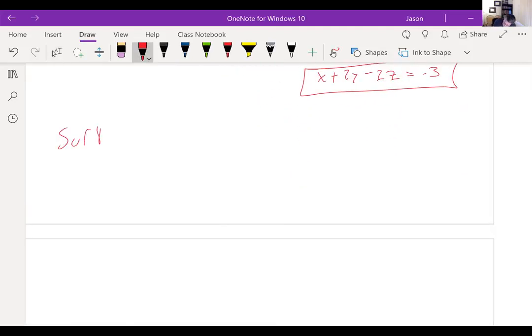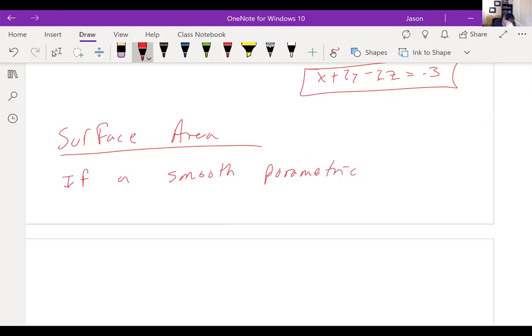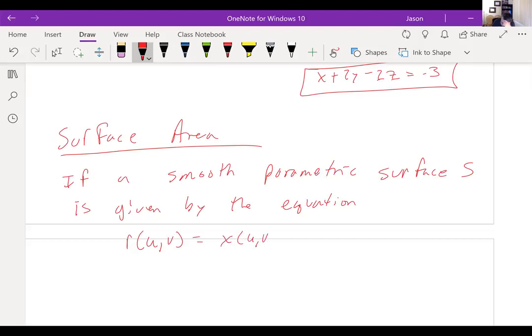Okay, let's talk about surface area. If a smooth parametric surface S is given by the equation r of u, v is equal to x of u, v i plus y of u, v j plus z of u, v k.